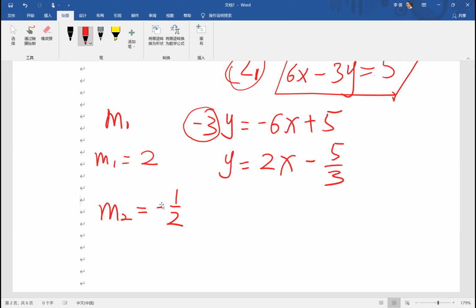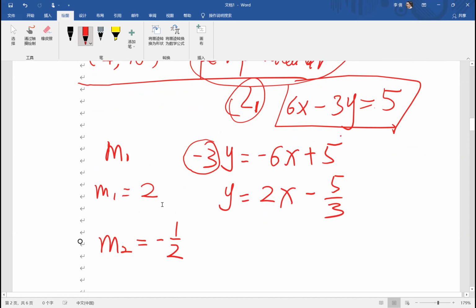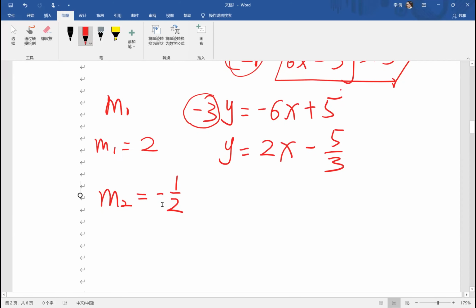And this line is perpendicular to L sub 1, so the slope of L sub 2 will be -1/2, right? Have any questions?